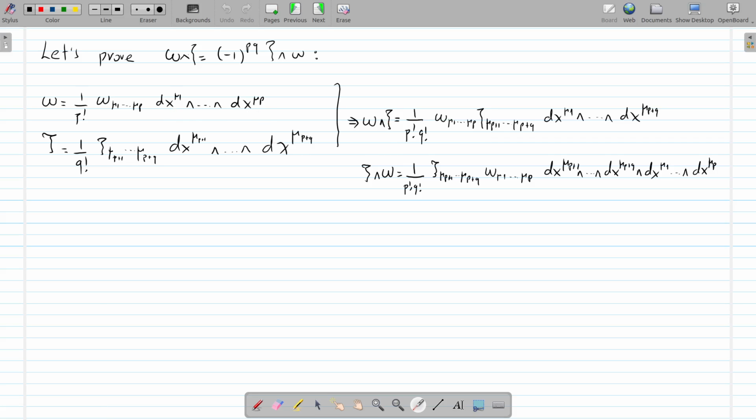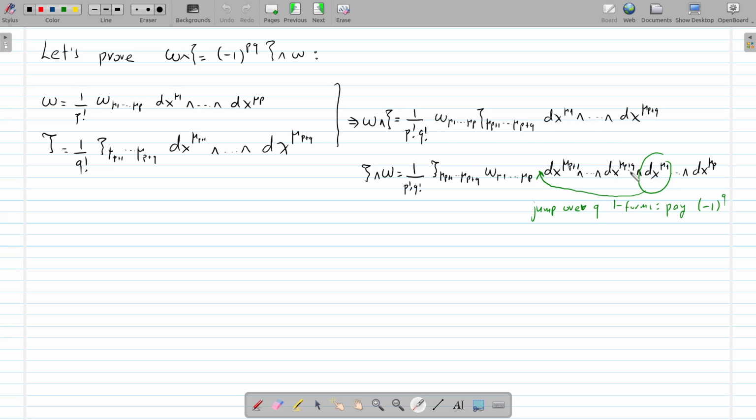So in order to compare those two expressions, we have to move all those factors here to the front to obtain the same (p+q)-form as in the first expression. So we do that in steps. First, we take dx^{mu_1} and we bring it up to the front so that it agrees with this wedge product.